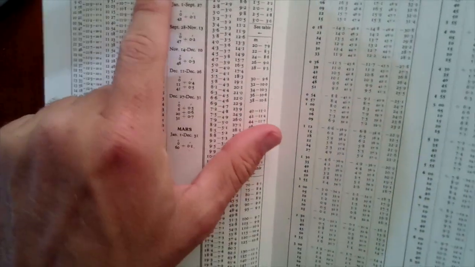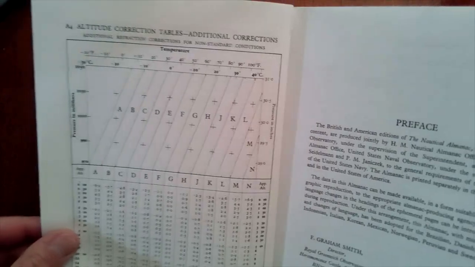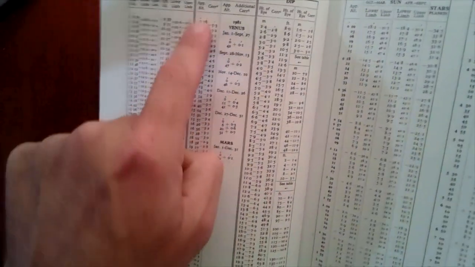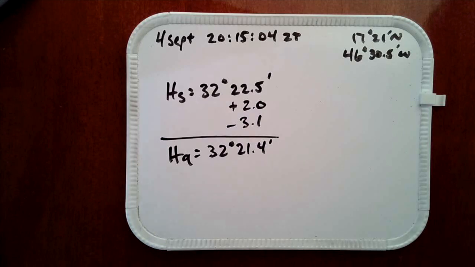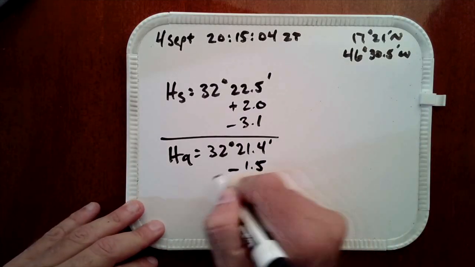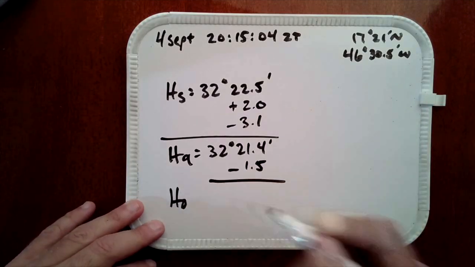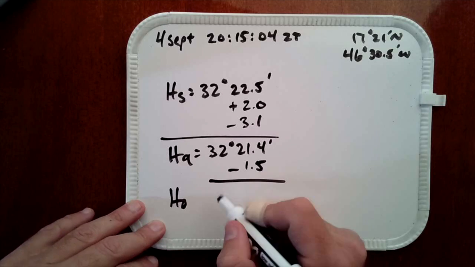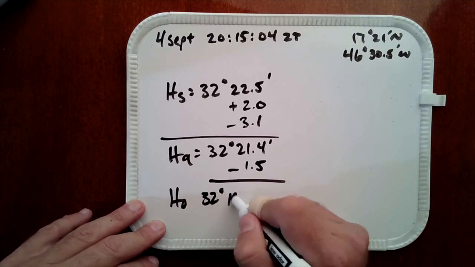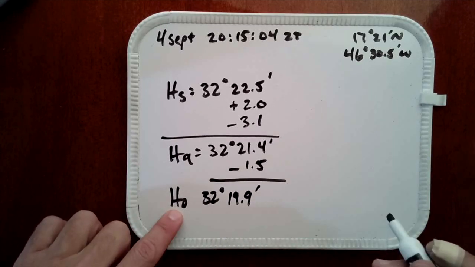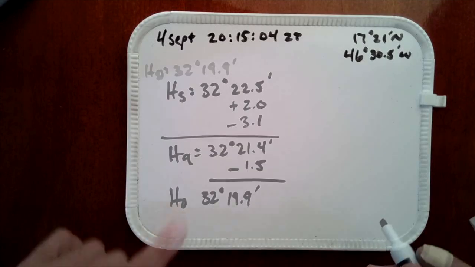Since we're doing stars, there's no planet correction, no additional correction, and no abnormal conditions correction. So we've just got a simple one right here, and we can look that up and get a correction of negative 1.5. That means our HO, our height observed, is 32 degrees 19.9. So we'll save that for later in the process.